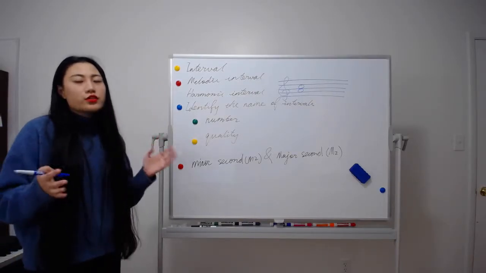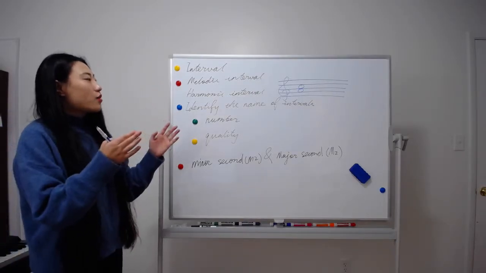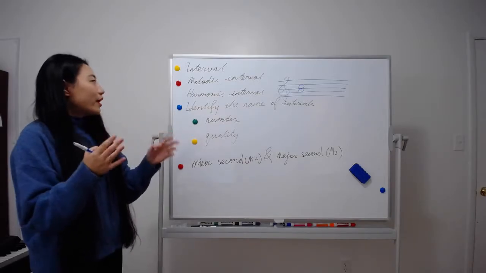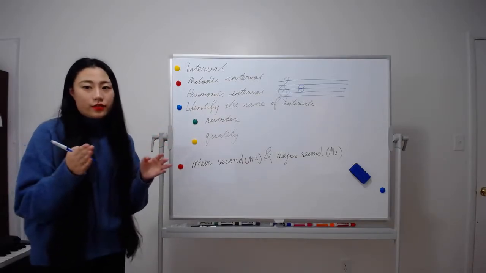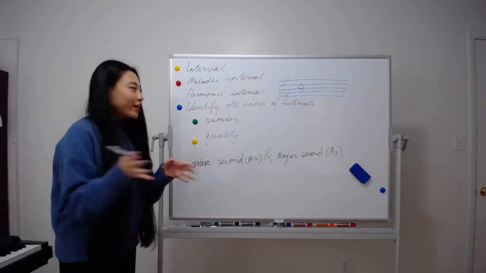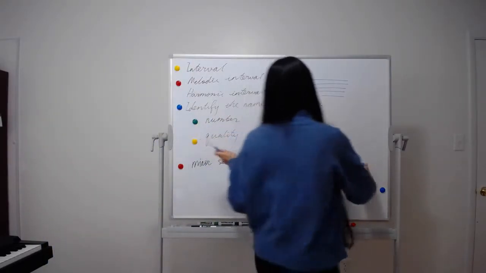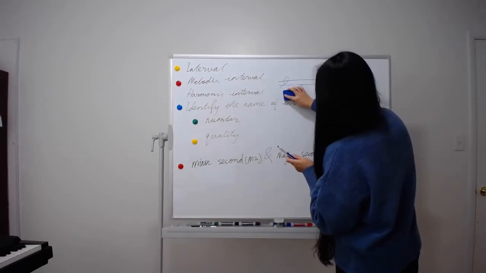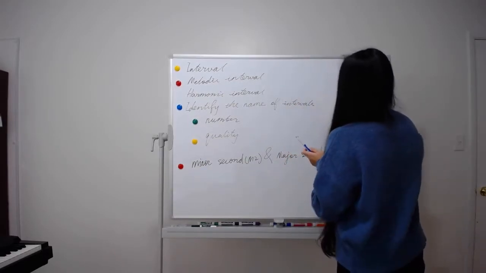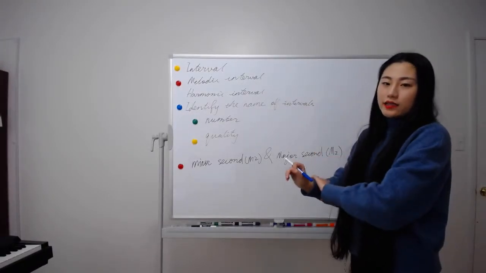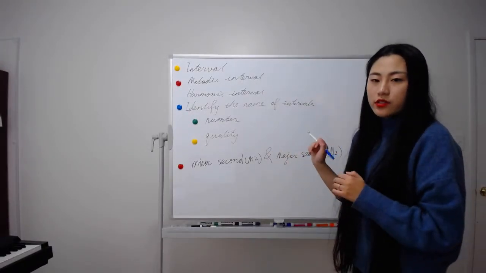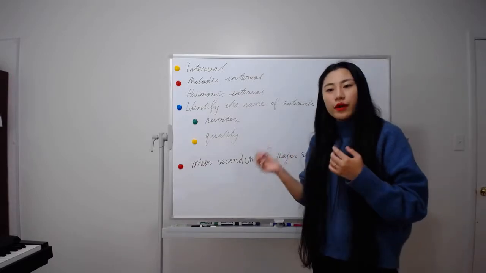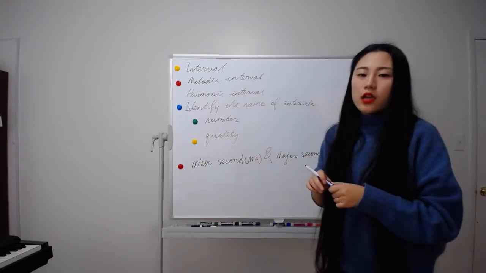So do you notice how to write the melodic interval and harmonic interval? Okay, let's talk about it. So each interval has two notes, the lower note and the upper note.